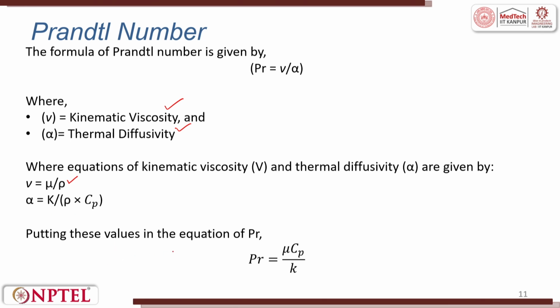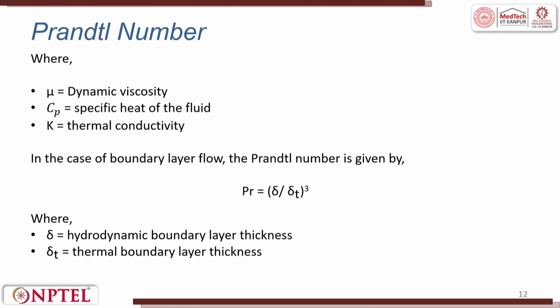If we put these values in the equation of Pr, this relation turns up as Pr, that is Prandtl number, is equal to mu Cp by K. Here K is thermal conductivity, mu is dynamic viscosity and Cp is specific heat of fluid. In the case of boundary layer flow, the Prandtl number is given by Pr is equal to delta by delta T cube, where delta is hydrodynamic boundary layer thickness, delta T is thermal boundary layer thickness.